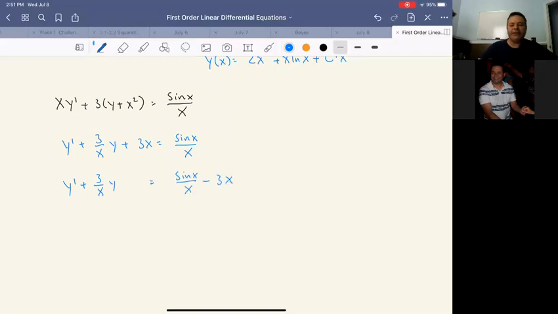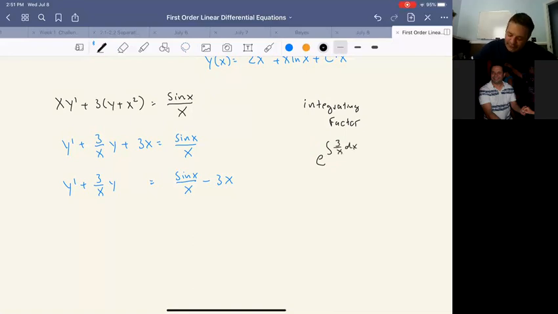All right. So now, what is my integrating factor? Integrating factor is e to the integral of 3 over x.